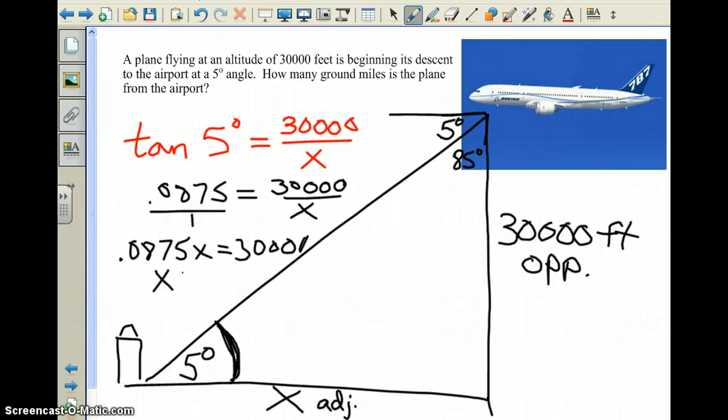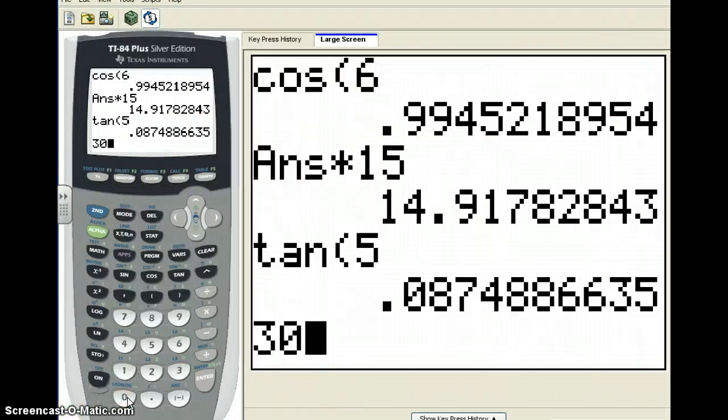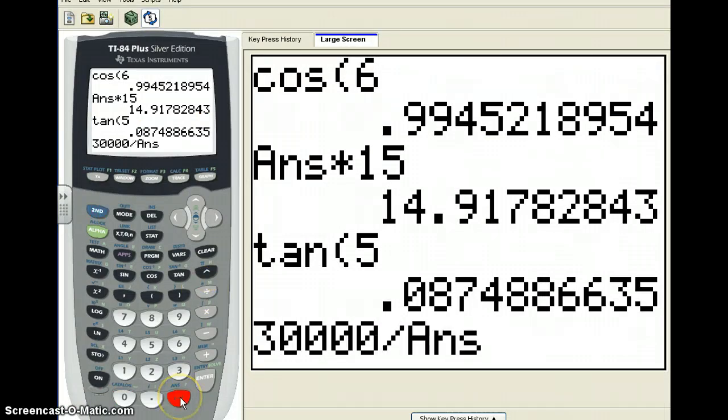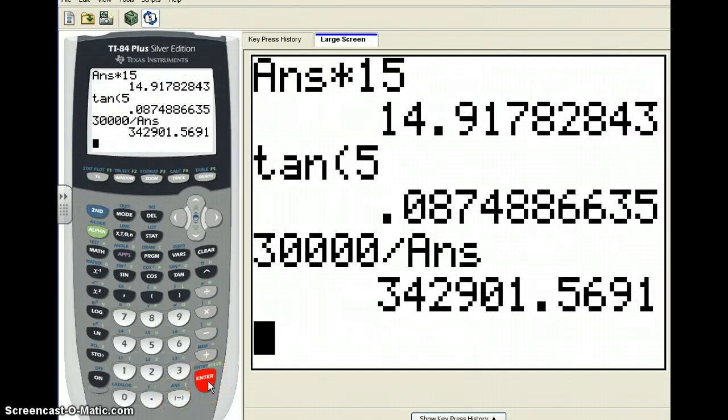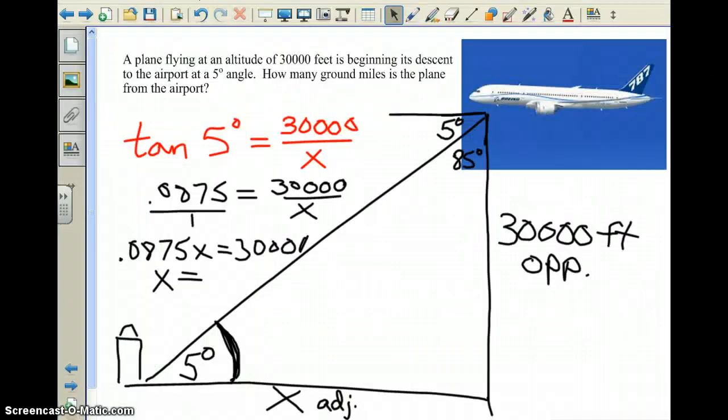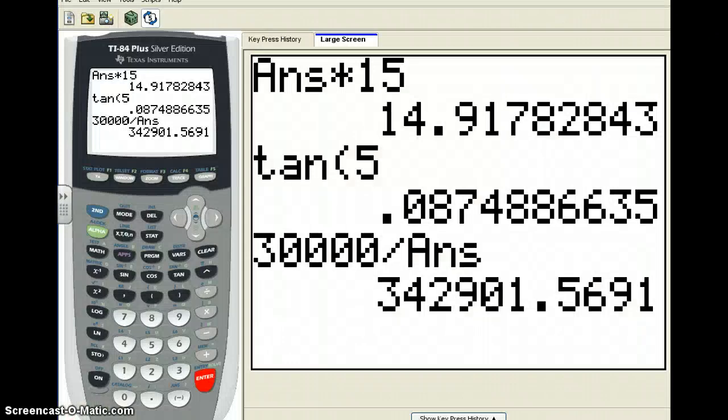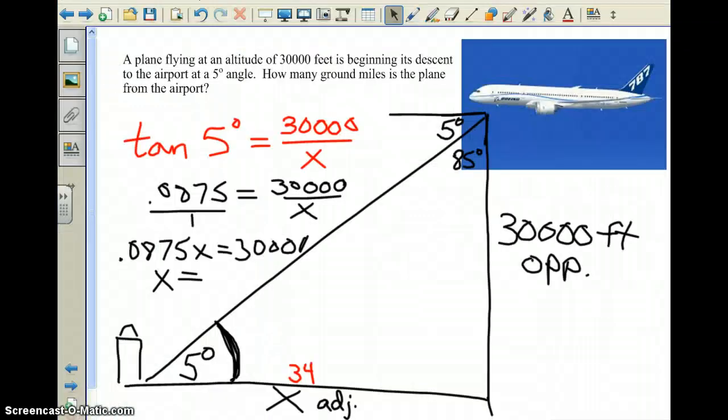So that means that x is equal to 342,902. Now the units on that would be feet.